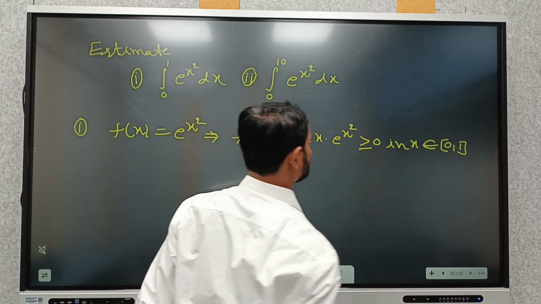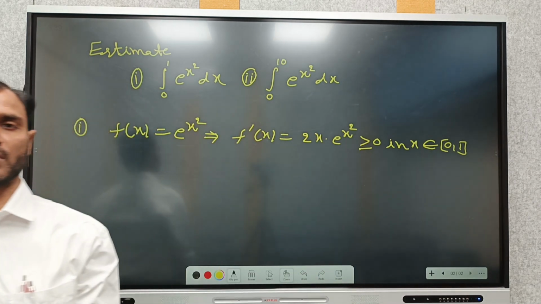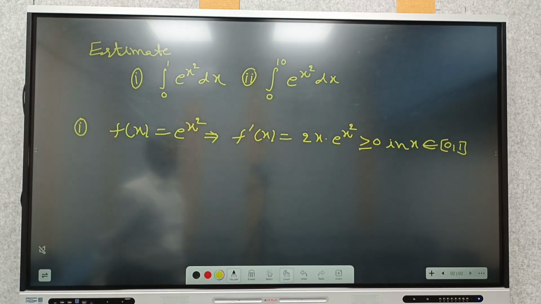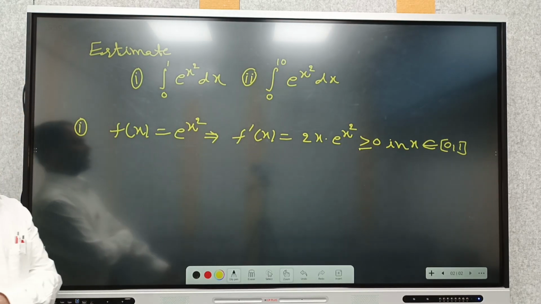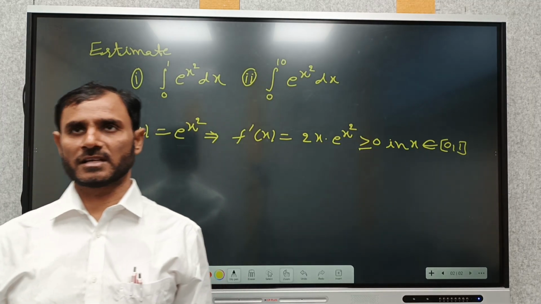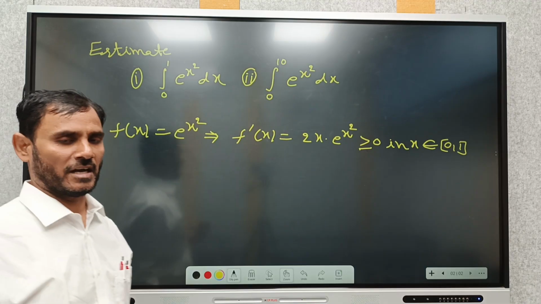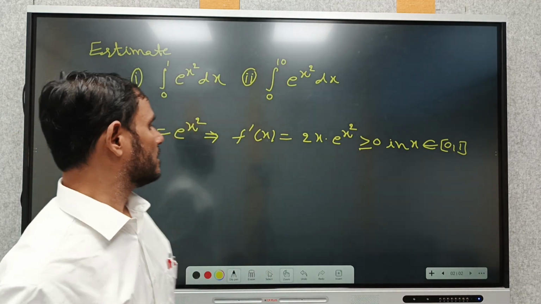Clearly it is equal to 0 when x is equal to 0, therefore we put the greater than or equal to sign. Since f dash is greater than or equal to 0, function f(x) is an increasing function.